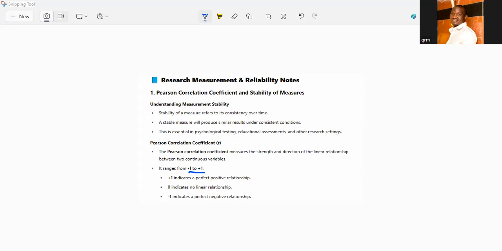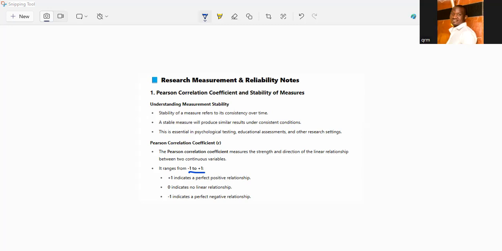If you get an R of 0.85, who remembers what it means? 85% of your dependent variable is explained by the independent variable. So 0.85 means there's a strong relationship.